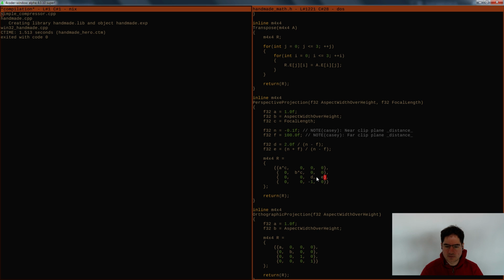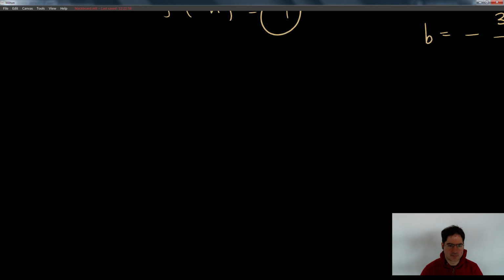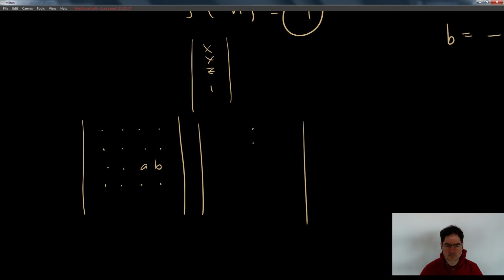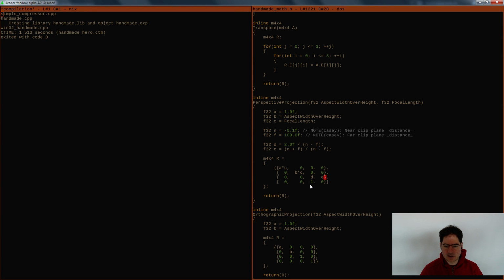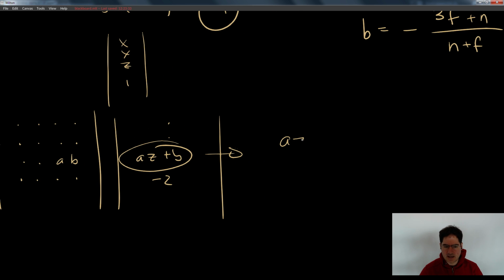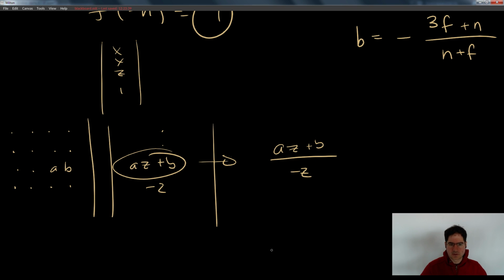So after we put these guys in here, right, we have AZ plus B here, but we also have -Z coming in here, which means that this actual quantity is going to be AZ plus B over -Z, right?